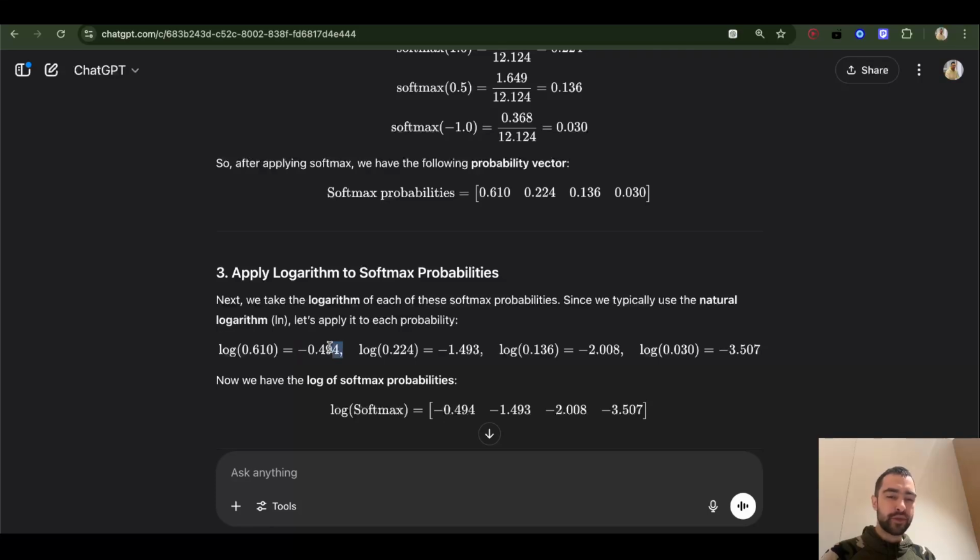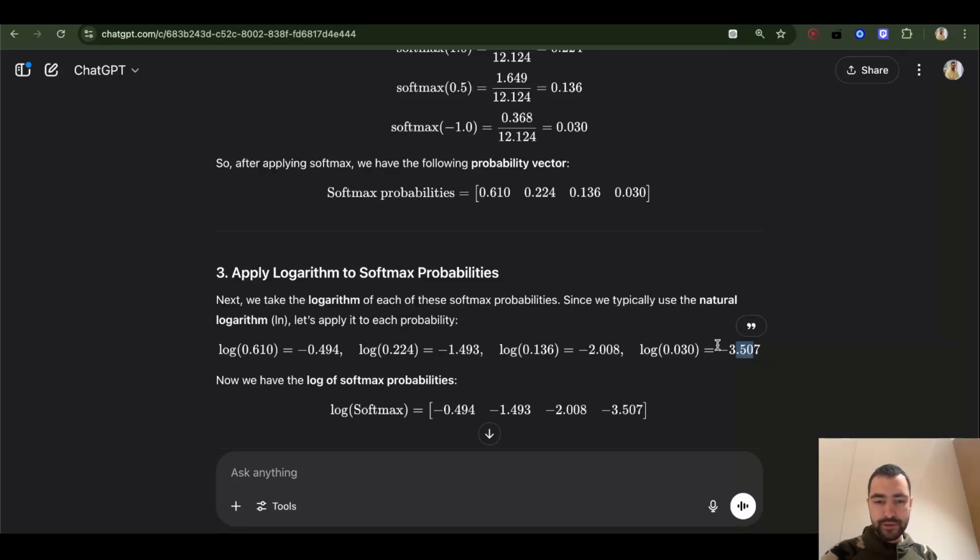If you take the natural log of each of these numbers, for big numbers you get a smaller number compared to the logarithm of a small number. You get 3.5, a bigger number than this one. So this makes big probabilities smaller numbers and small probabilities big numbers.